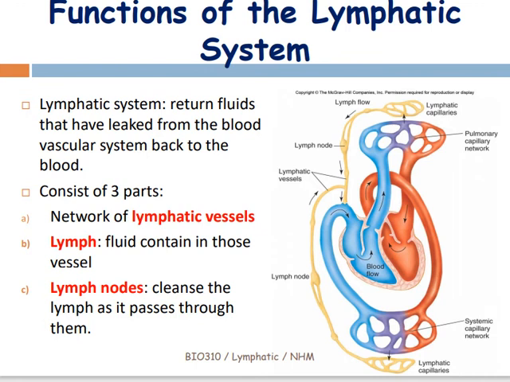The lymphatic system is used to return the fluids that leak from the blood vascular system back to the blood. Last week we already learned about the cardiovascular system, right?